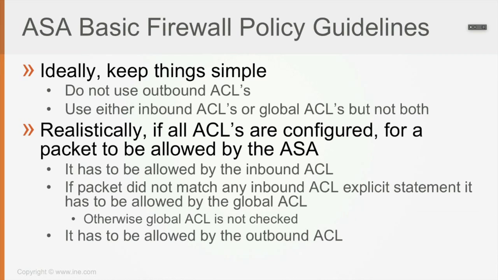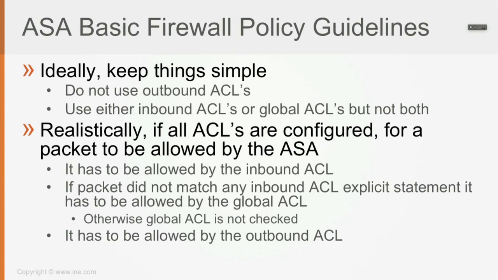And realistically, if all ACLs are configured, so assuming you're going to configure inbound, outbound, and global ACLs, then for a packet to be allowed by the ASA, it has to be allowed by the inbound ACL to begin with. That's going to be the first match.